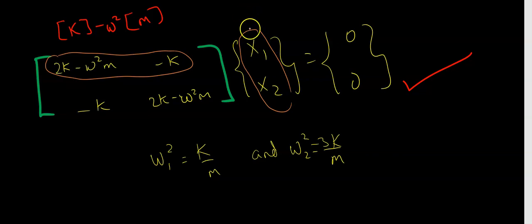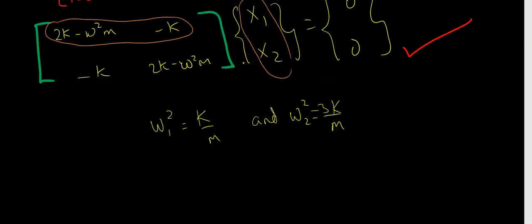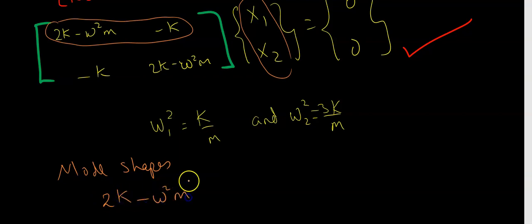So what am I going to get there? This is to calculate the mode shapes. We're going to get 2k minus omega squared m multiplied by x1 minus k x2, which is equal to 0.